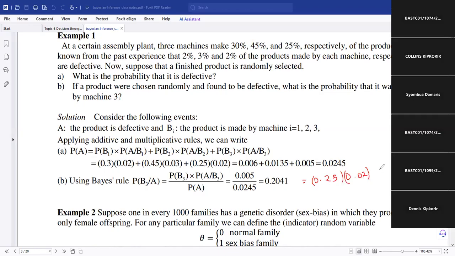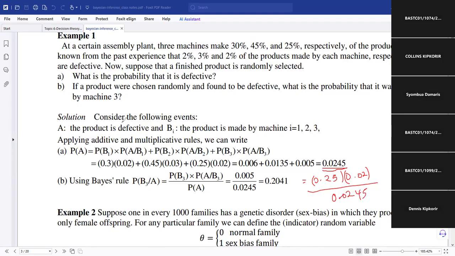And we divide this by the probability that it is defective, which is the earlier computed probability, 0.0245.